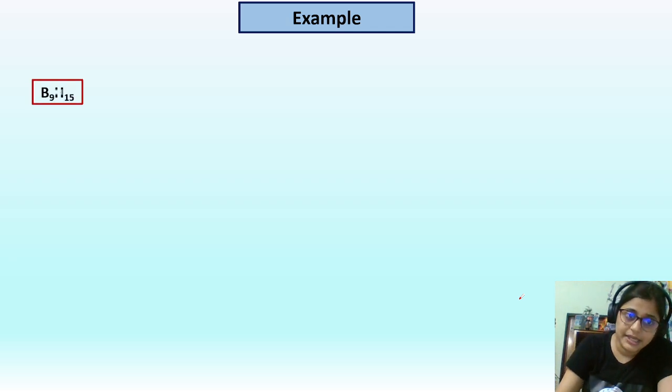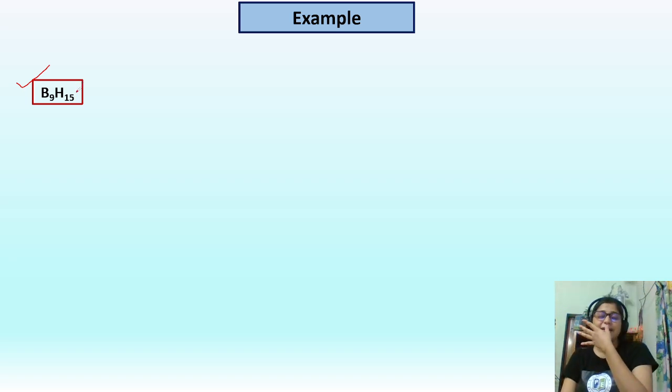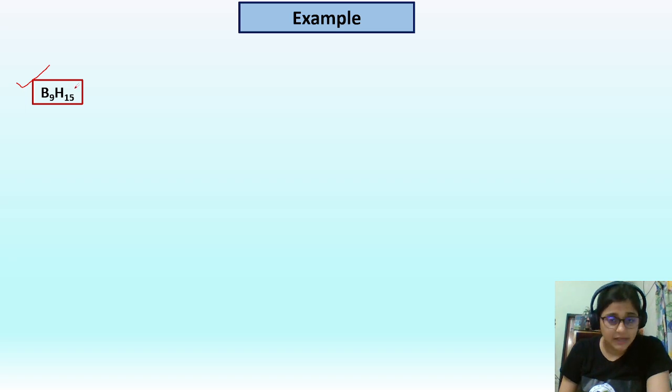So for example, if we take the same example which I was calculating, where I was calculating the total electron count and then the PEC, let's now try to solve it by this trick.